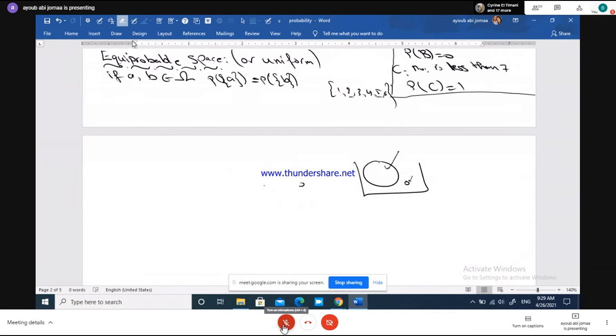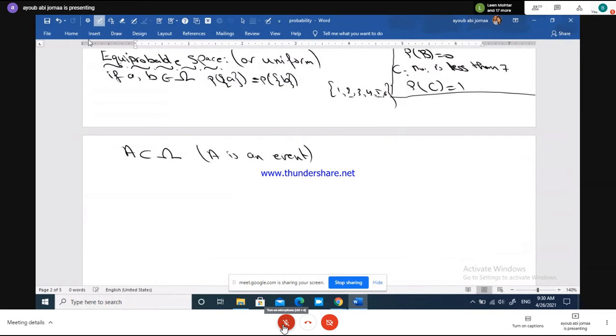In this case, the space is equiprobable. If event A is a subset of this sample space, or A is an event, then the probability of A will be the cardinal of A over the cardinal of the sample space.